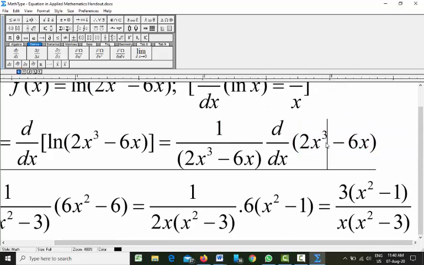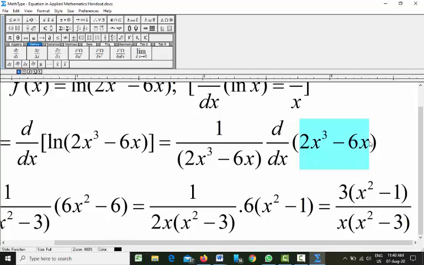First of all, here we have two parts. First this one: 2 is the coefficient, 2 will stay as it is. And if you do differentiation of x cube, we will have 3x square. 3 will come first, and then the power will be reduced by 1, so from 3, 1 will be reduced, so we will have 2.